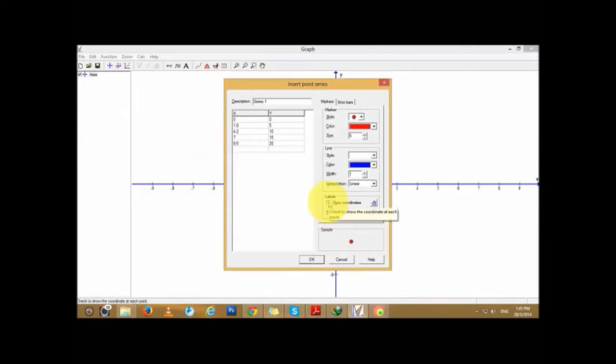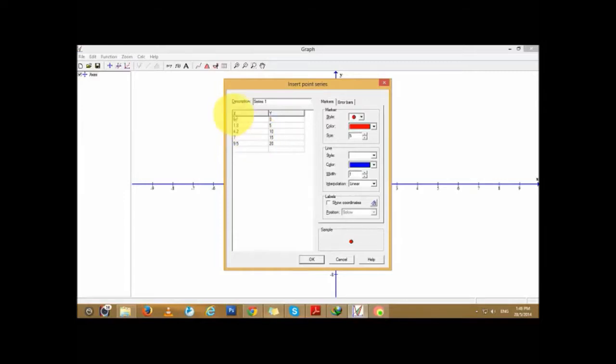Here I will show you how to plot a graph and how to find the value of K. The first thing is we need to put in the data, the values of the force and the displacement from the data that we already collected in the experiment.